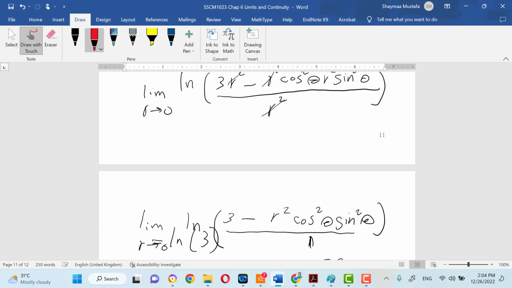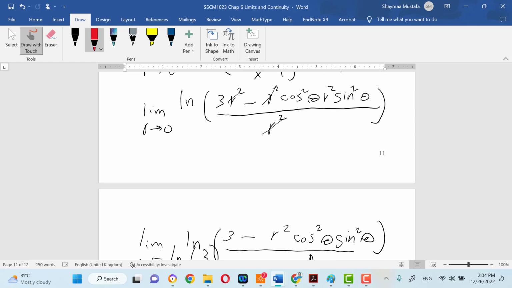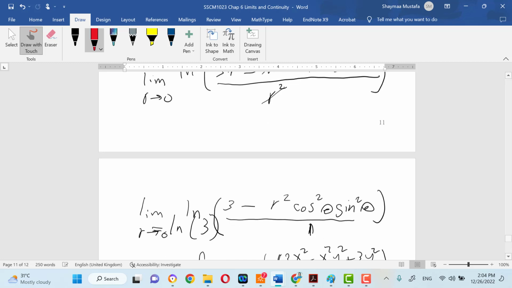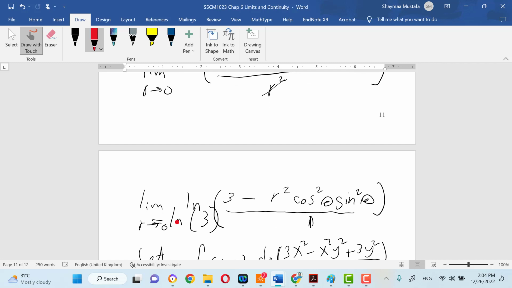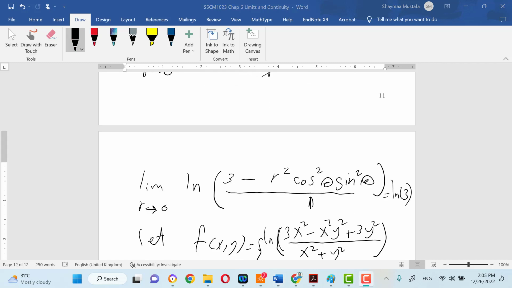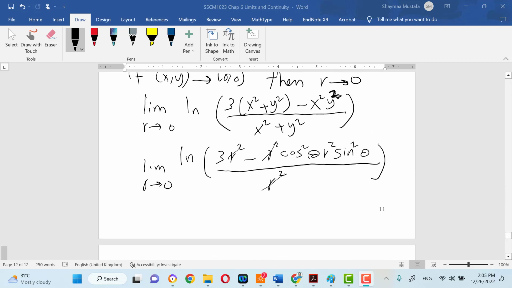So we have ln of (3 − r² cos²θ sin²θ) over 1. Now direct substitution when r equals 0: this term goes to 0. So you have ln 3, the logarithm of 3. So we found the limit.